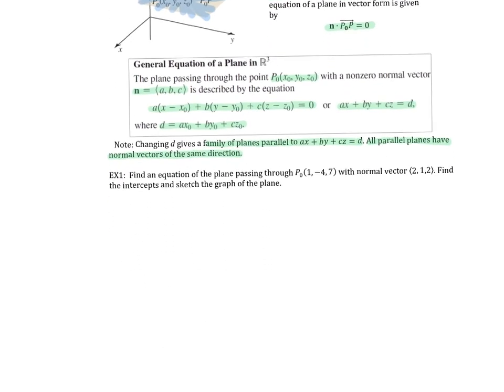In example 1, we're going to find the equation of the plane passing through the point 1, negative 4, 7 with a normal vector 2, 1, 2. So all we have to do is simply write our a value, which is 2, b is 1, and c is 2.